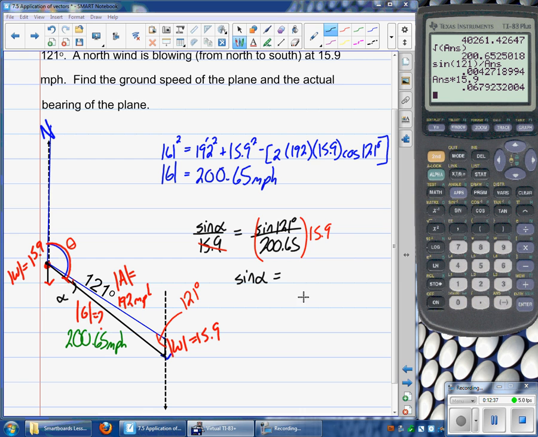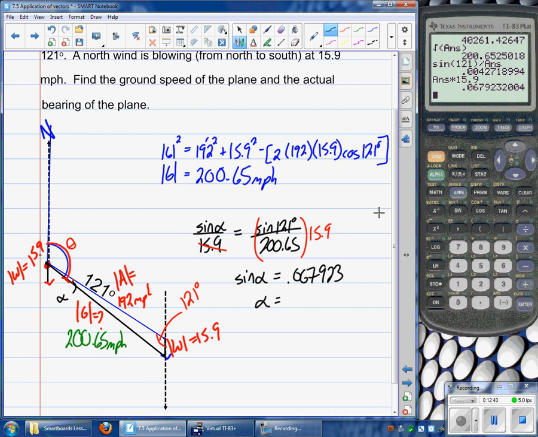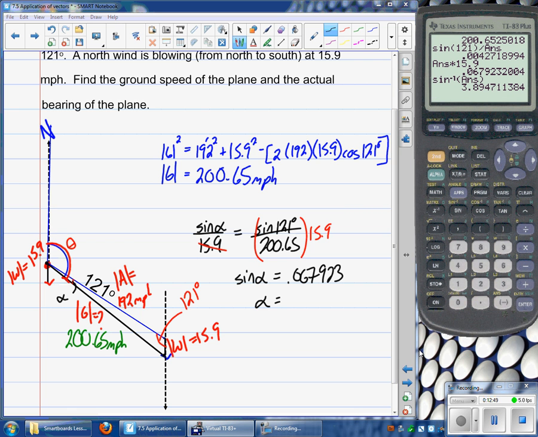That gives us approximately 0.067923. Now to get alpha, we obviously need to sine inverse that. So on the calculator here, again, we'll avoid rounding issues. Go ahead and sine inverse that value. And we see that that little angle alpha there is 3.8947 degrees. Okay, again, that's not our final answer.